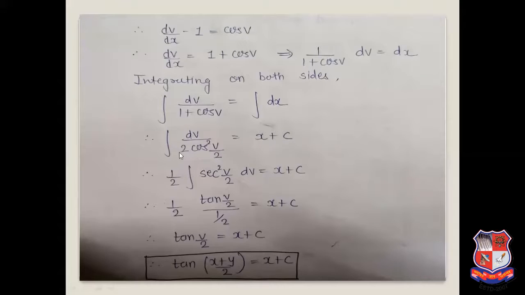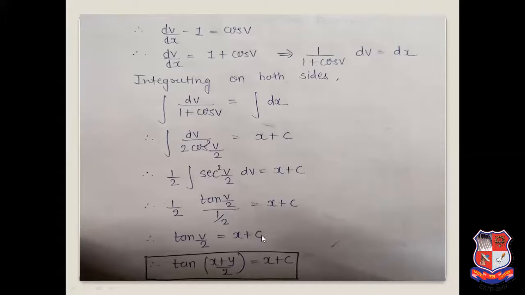1 by 2 is a constant value, so we write 1 by 2 integration of sec square (v by 2), because 1 upon cos square (v by 2) is sec square (v by 2). Now integrate sec square (v by 2) with respect to v. So the answer is 1 by 2 into tan(v by 2) upon 1 by 2 equals x plus c. This 1 by 2 cancels out and we get tan(v by 2) equals x plus c.